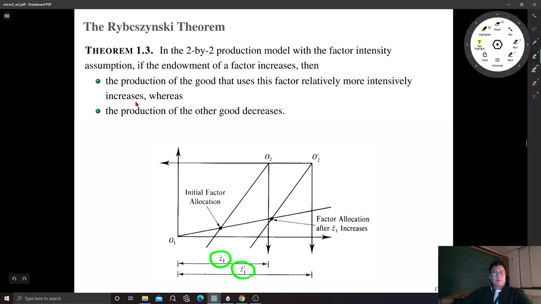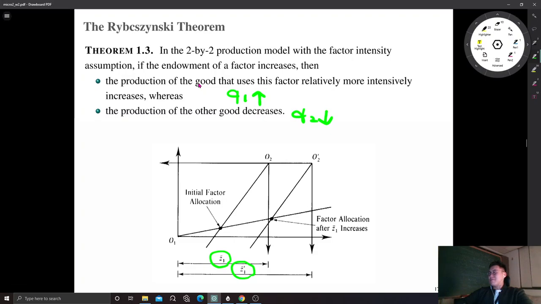Then what happens? So the production of the good that uses this factor relatively more intensively, that is firm one, I mean good one, so Q1 increases. But Q2, production of the other good, decreases. Okay?